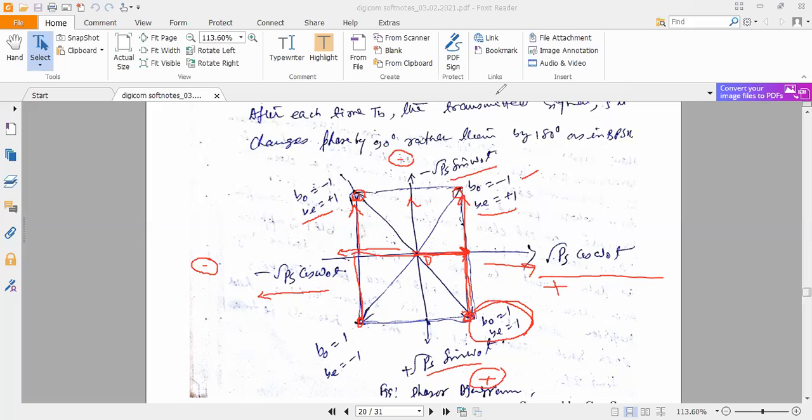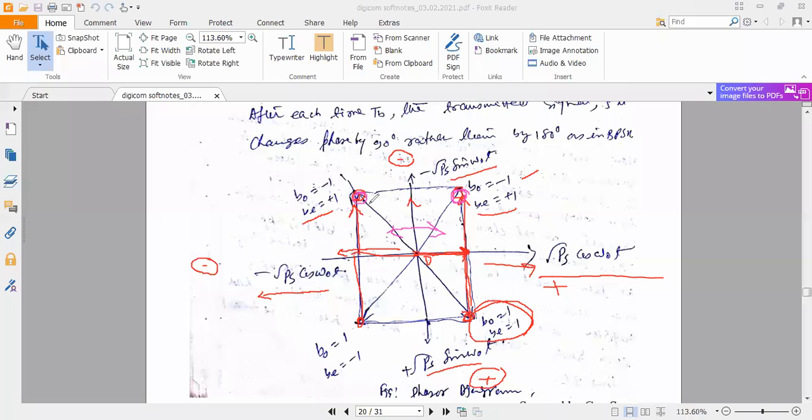Now for this position, and in this position, between these two, what should be the angle? I am changing the color for your understanding.